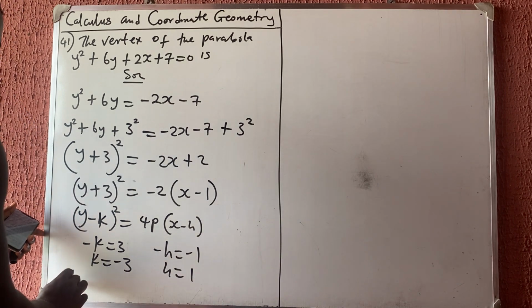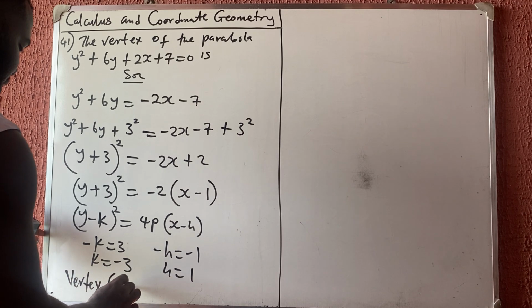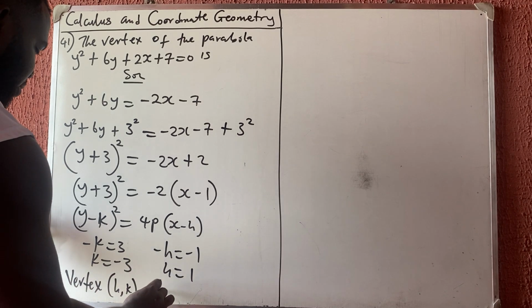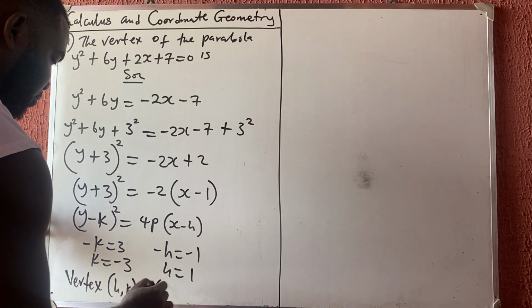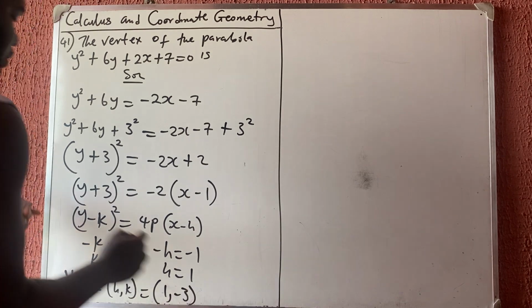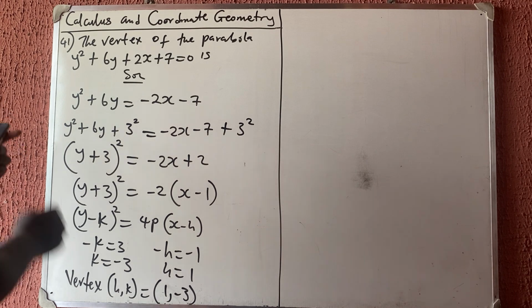So the vertex, which is h comma k, is equal to, h is 1 first, so 1 comma minus 3. So that is the vertex of that parabola. So question number 41, I think option B is correct.